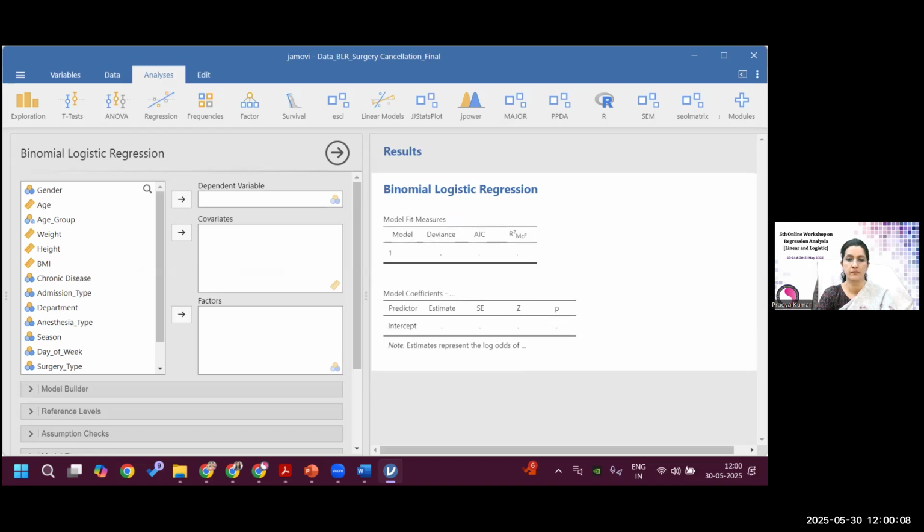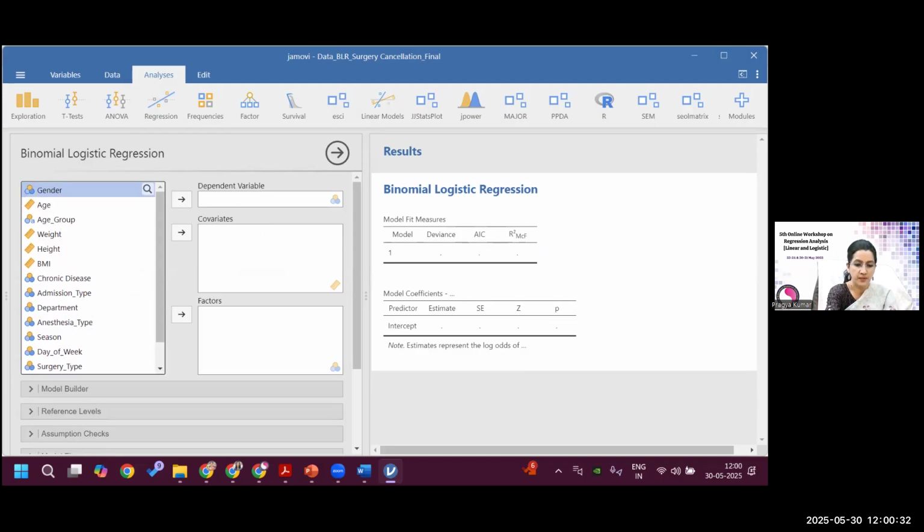So if you click binomial, this will appear. Now coming to the dependent variable, how will you go? First, you have to select the variables to be put into this. Let's say these are the variables which I have selected based on the literature review. The variables are age and gender.